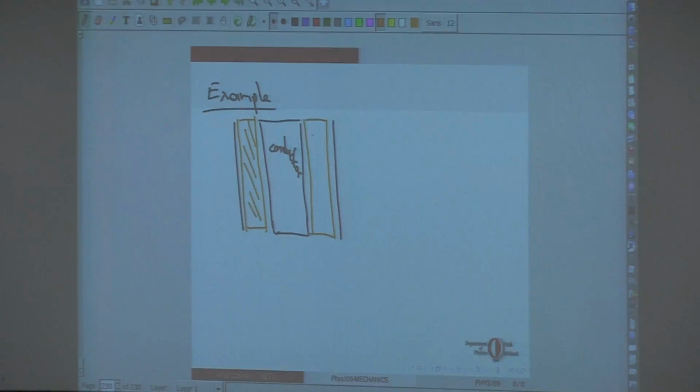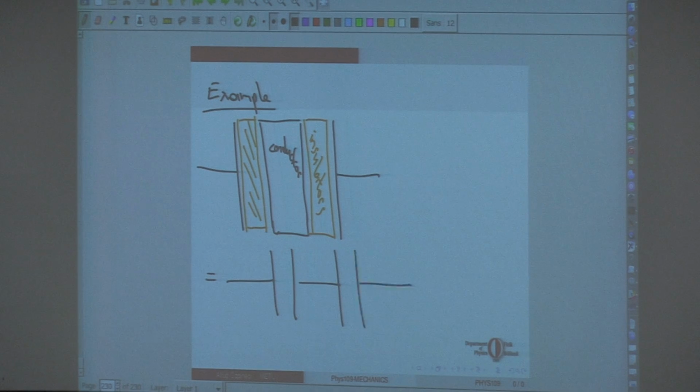This is equal to this one plus this one.